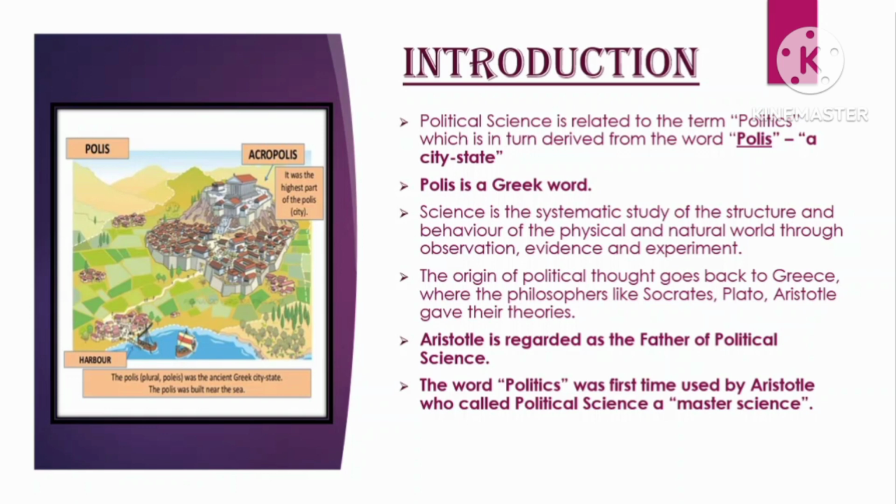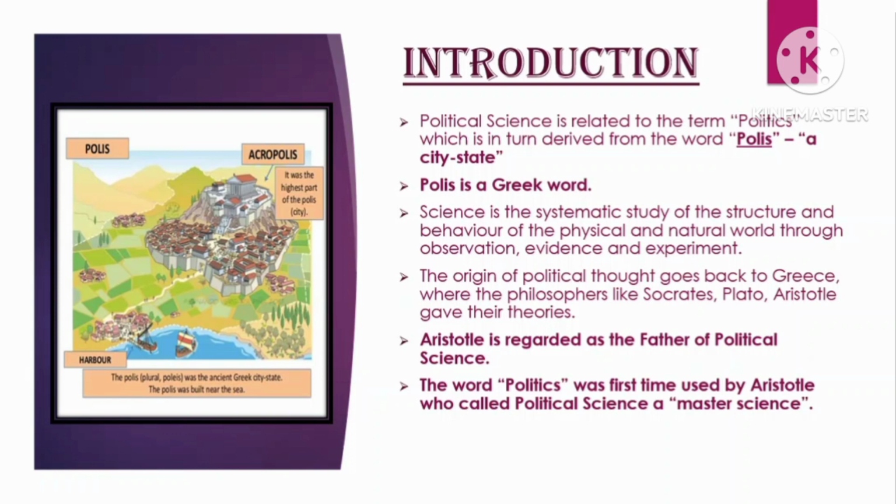We have India, so we call India a State. So when we write State with a capital S, it denotes the country as a whole one political unit, not the other political units inside the country. Okay, so this is what politics means. So politics is something related to a city state or a state.